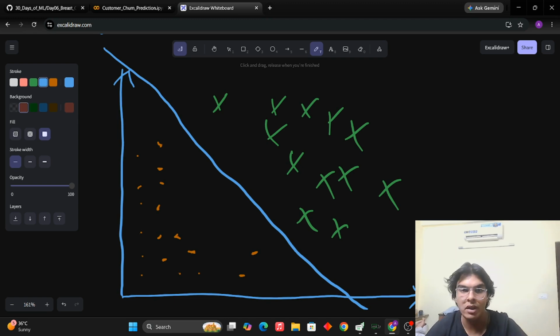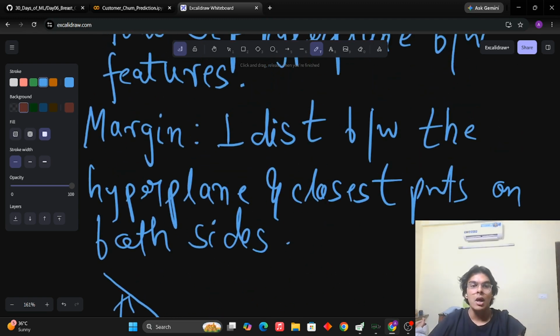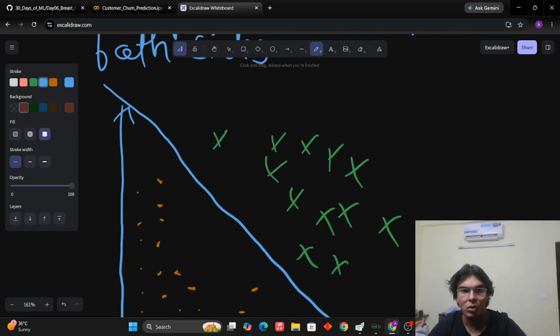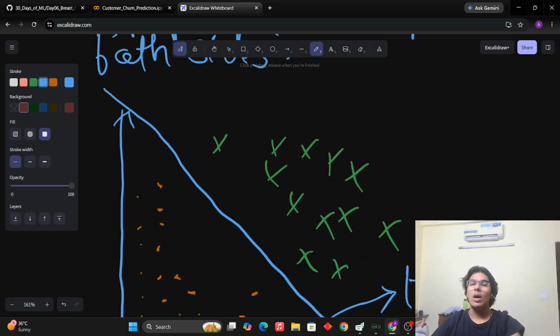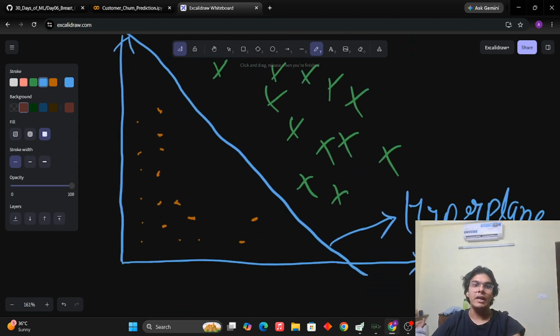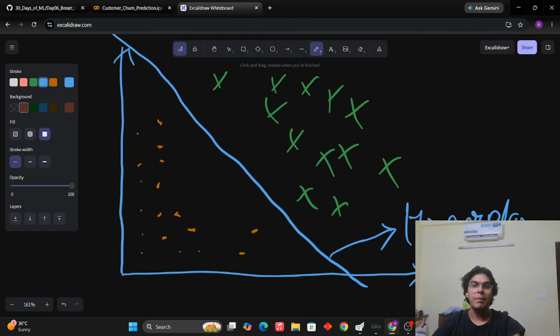Okay. So now what is the margin? Now look at the definition. The margin is the perpendicular distance between the hyperplane and the closest points on both sides. Now, first of all, what does the word hyperplane mean? This blue line right here, which is separating the two, is called the hyperplane. Very easy, very simple. Why is it called a hyperplane? Because currently I am drawing it on paper, so it is like a two-dimensional thing.